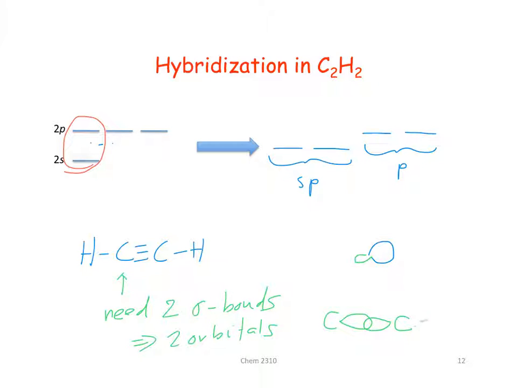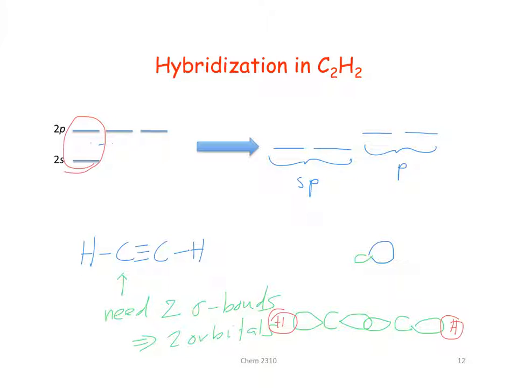There's a sigma bond, and this is the other side, and these are going to go to the hydrogens. These aren't just p orbitals on the carbon here. I'm just showing the big lobe of the sp hybridized orbital. One of those is making a sigma bond to the other carbon. The other one is making a sigma bond to the hydrogen.